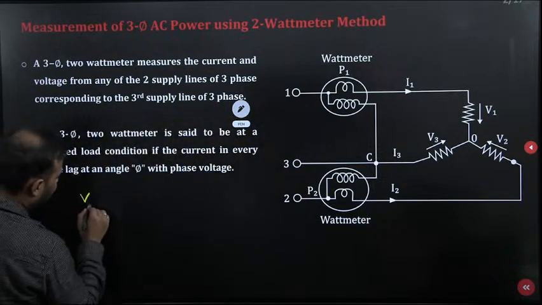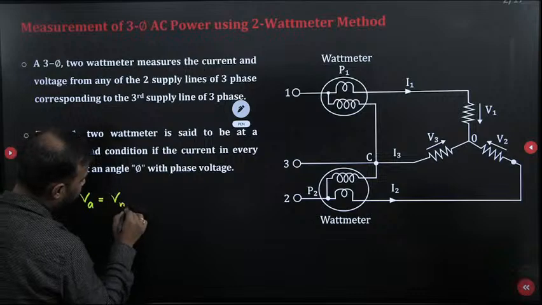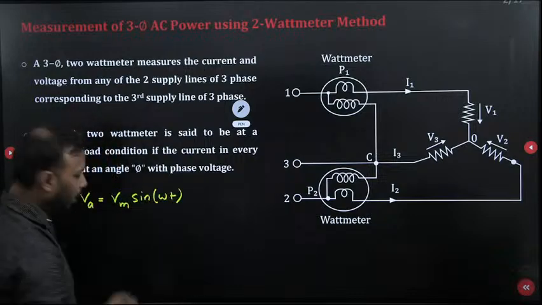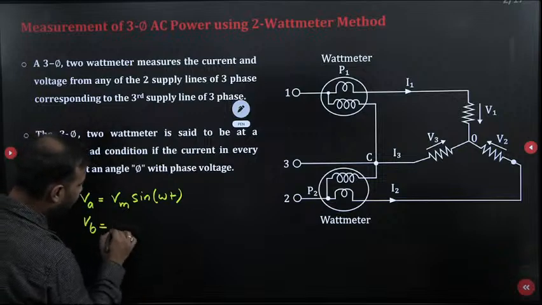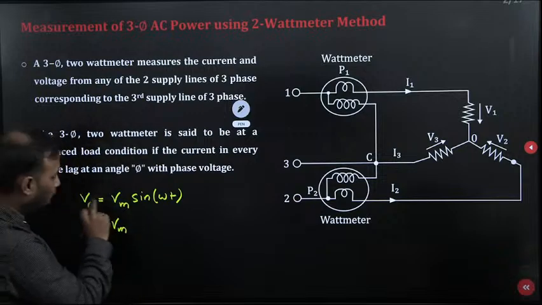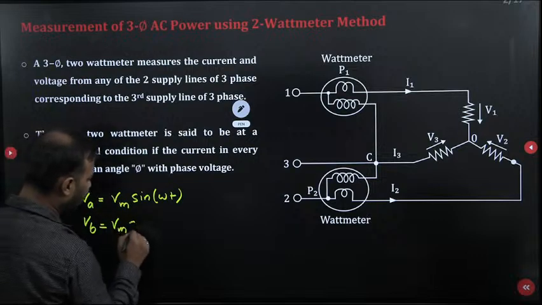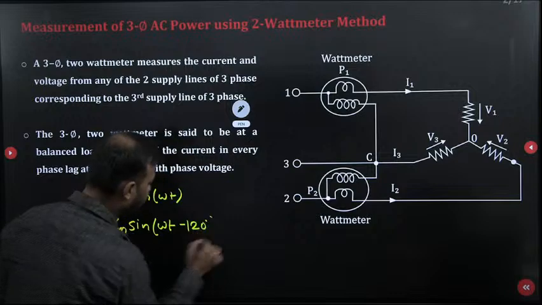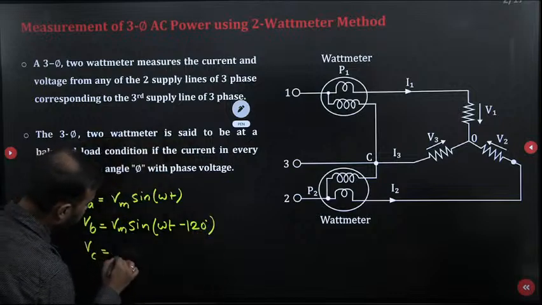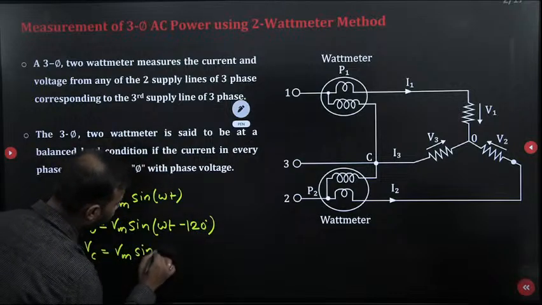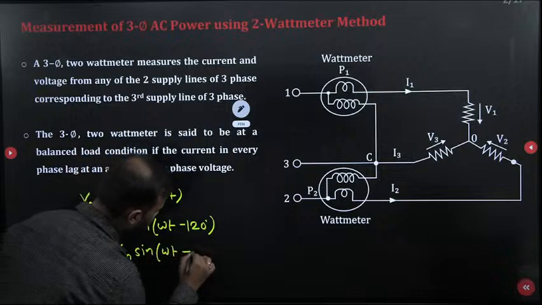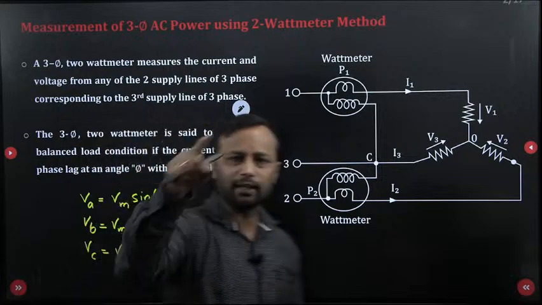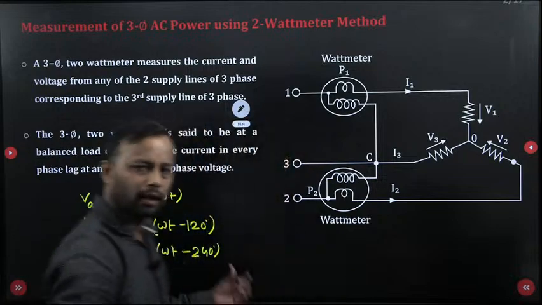Suppose phase A voltage is Vm sin omega t, then for phase B its magnitude has to be the same as that of Va, and it has to be phase displaced by an angle of 120 degrees. Similarly Vc magnitude will be the same, and again it will be phase displaced by another 120 degrees, like minus 240, which means it is in the clockwise direction. For anti-clockwise the angle will be positive.